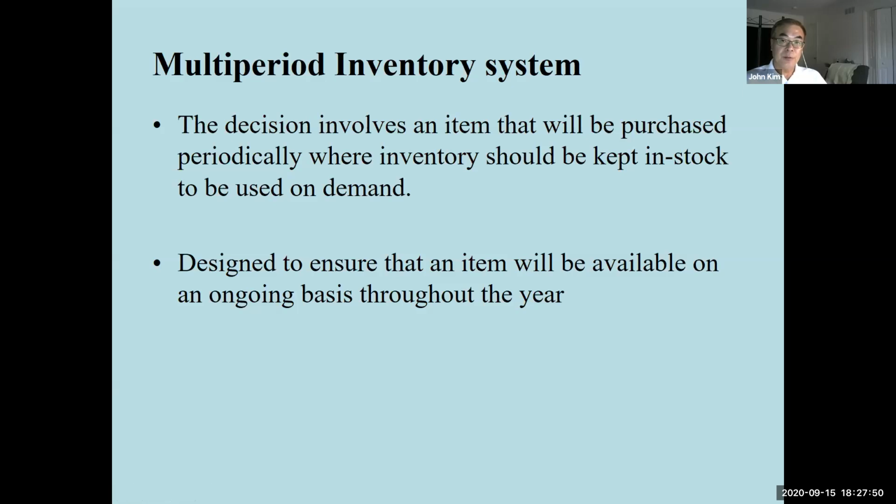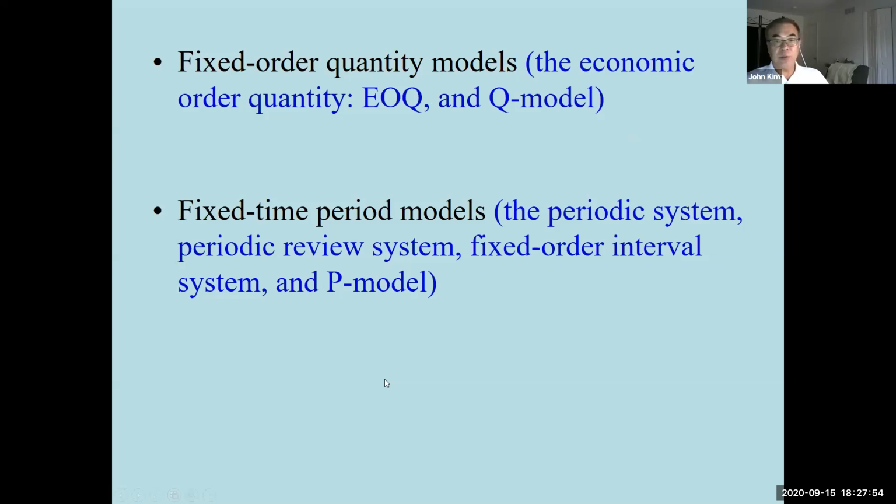There are two types of multi-period inventory system. First one, a fixed order quantity model, and the second one is a fixed time period model.